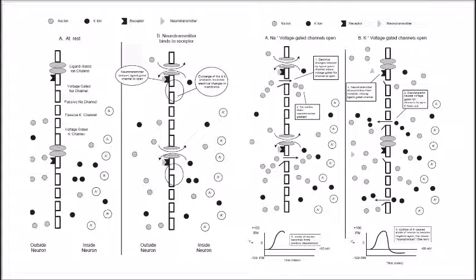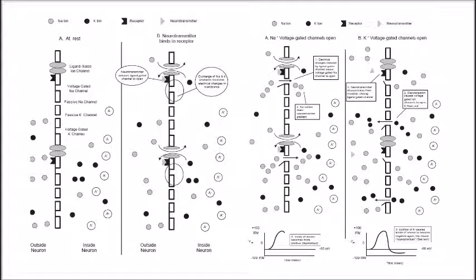These are currently closed. And then we have the ligand-gated ion channel. This will only open when the neurotransmitter attaches to it. You can see that we have the ionic negatively charged proteins on the inside, potassium on the inside, and more sodium on the outside. So now the neurotransmitter binds to its receptor.